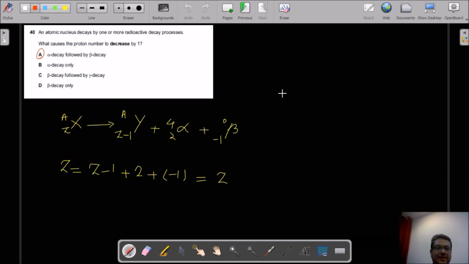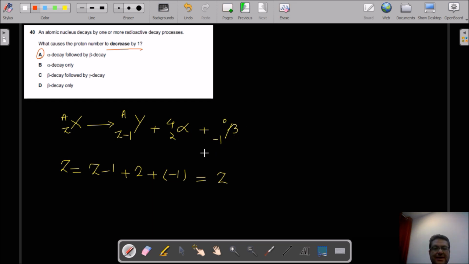Last question, an atomic nucleus decays by one or more radioactive decay processes. What causes the proton number to decrease by 1? We suppose that the substance is X, A, Z. After decaying it will be Y, A, and Z minus 1, because it is said to decrease by 1, plus alpha, which is 4, 2, and plus beta, which is 0, negative 1.